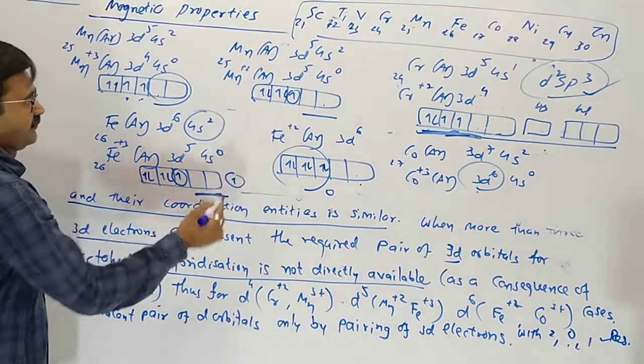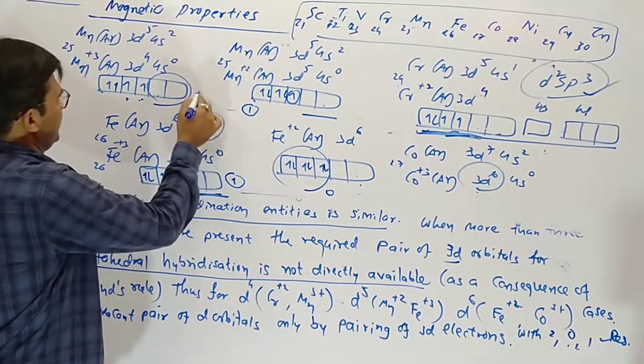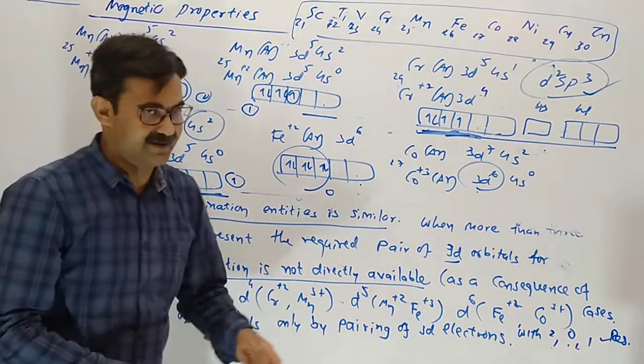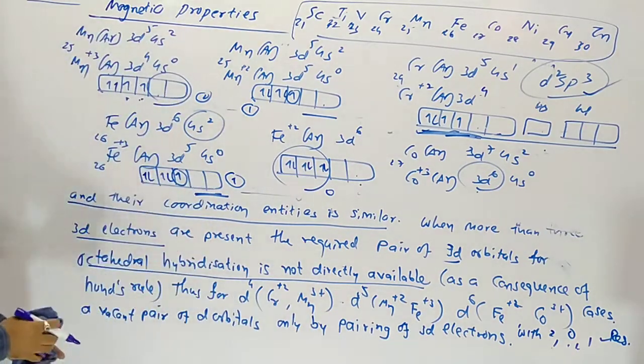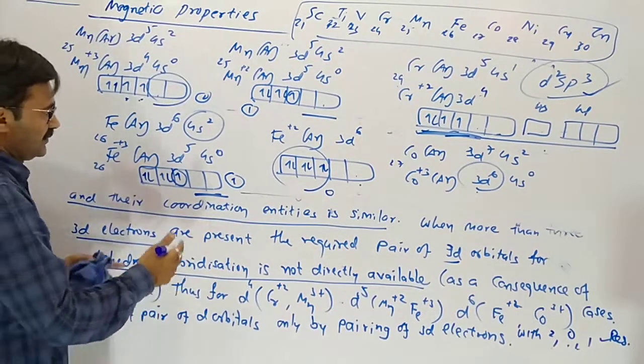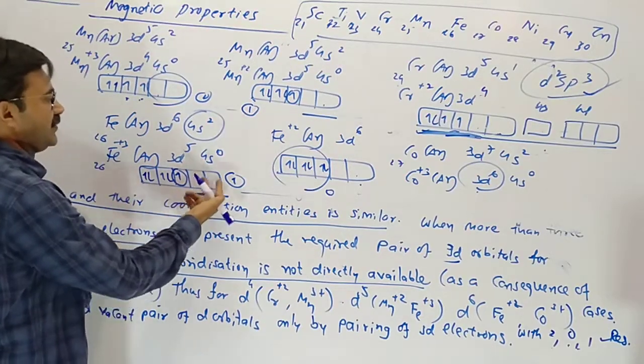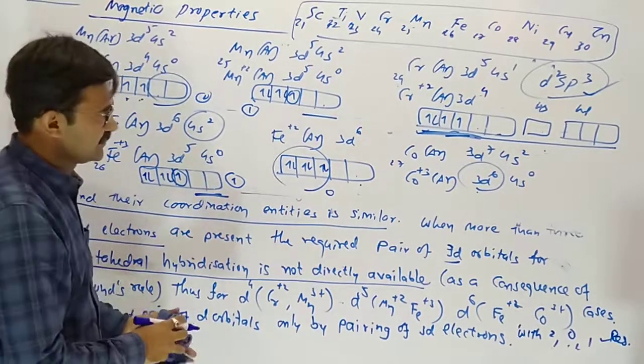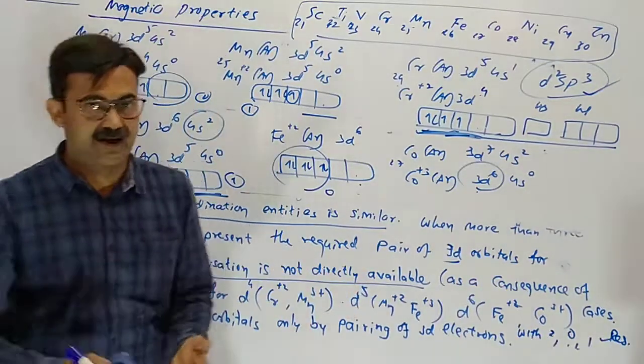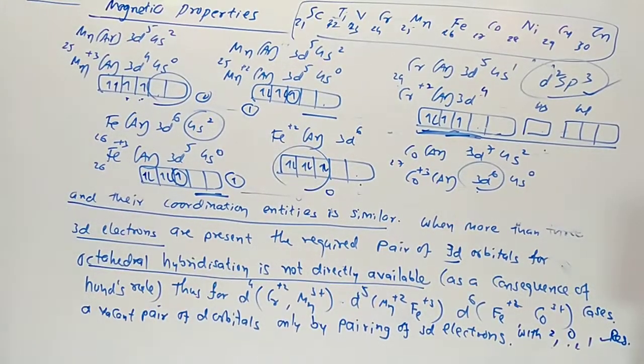Here is 1 unpaired. Here is 1 unpaired. Here is 2 unpaired remaining on pairing. So when there is a strong ligand and there are unpaired electrons in the d orbital, after their pairing d2sp3 hybridization takes place. Understood? I hope you enjoyed my lecture and like my video.